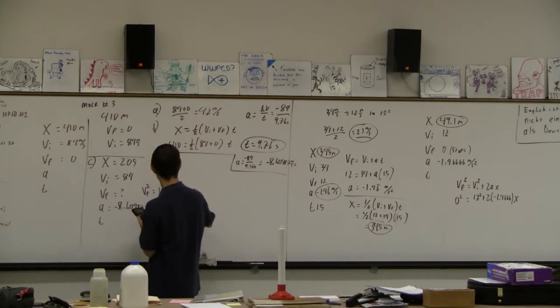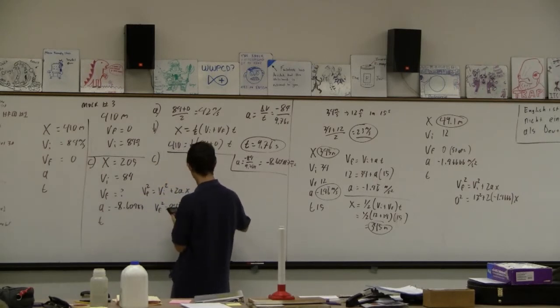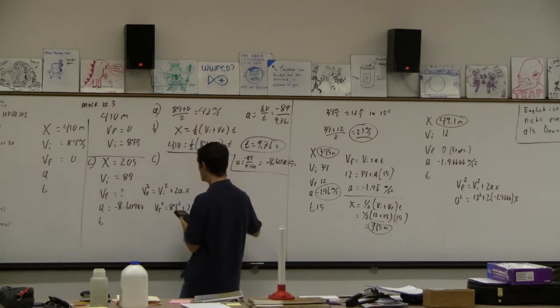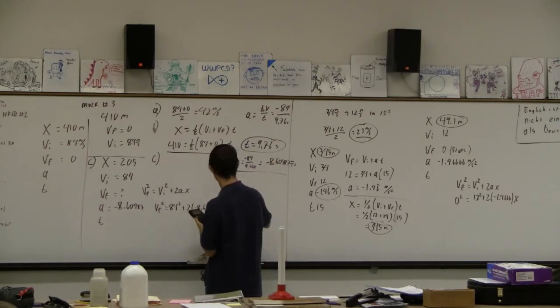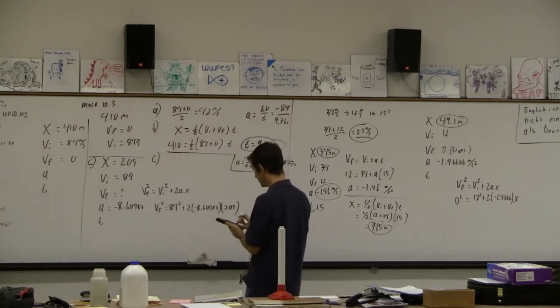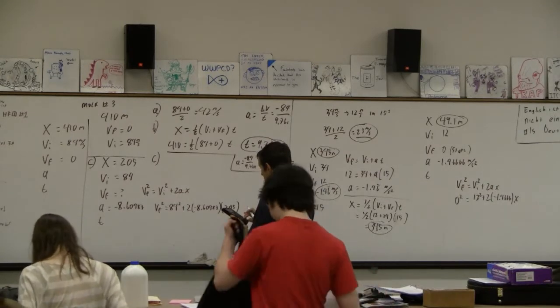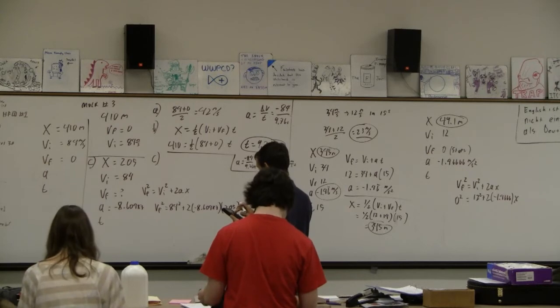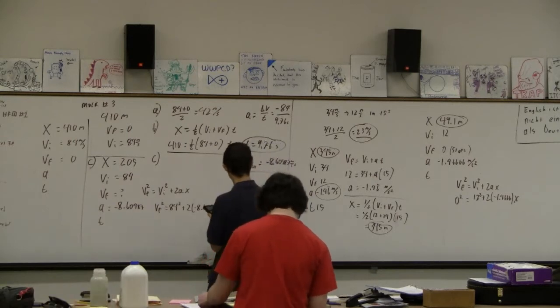So V final squared is 84 squared plus 2 times the answer I just got times 205. And then square root of that. 59.39.